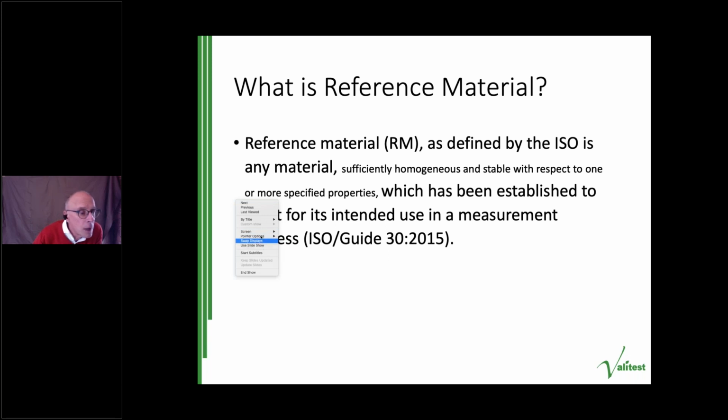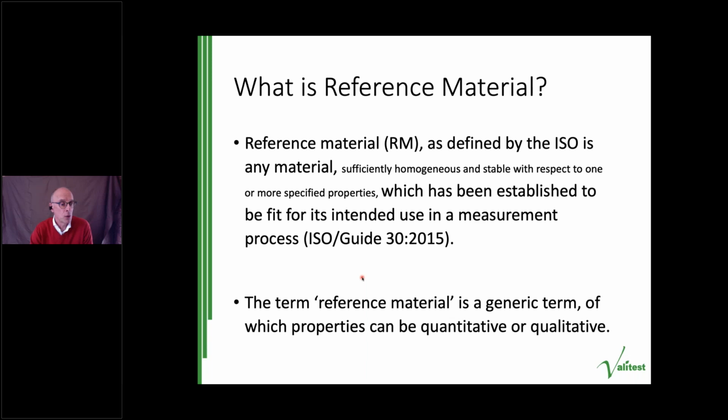There are additional criteria there, like it needs to be sufficiently homogeneous and stable, and there are other criteria, and we will get to them later. But basically, it has been established to be fit for its intended use. That's a very important thing to remember.